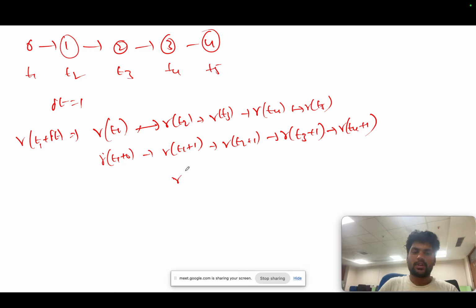So it's nothing but R of T plus delta T. I mean it is going on a long scale. So now we have these components.